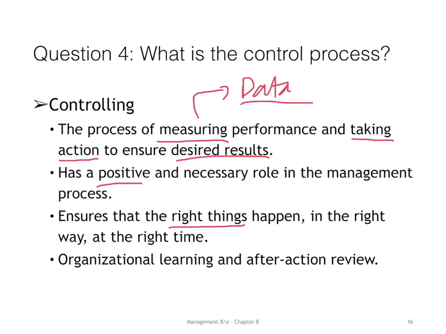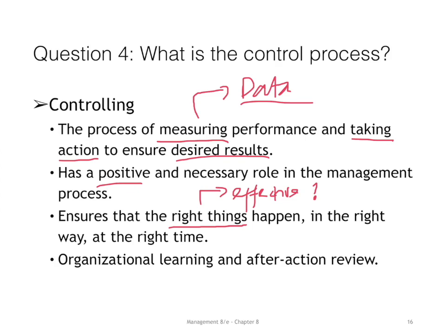Think about the right thing. So this is talking about effective or efficient. Effective or efficient. The thing right, that is effective or efficient, and the right thing, effective or efficient.